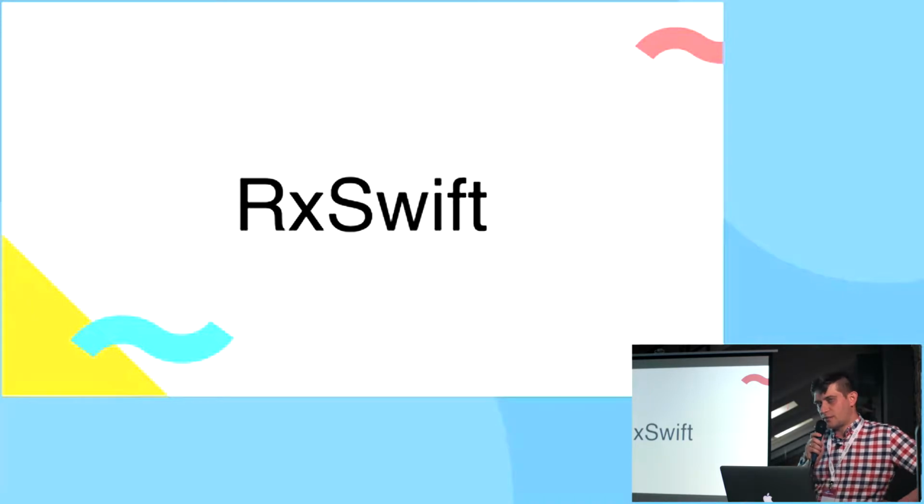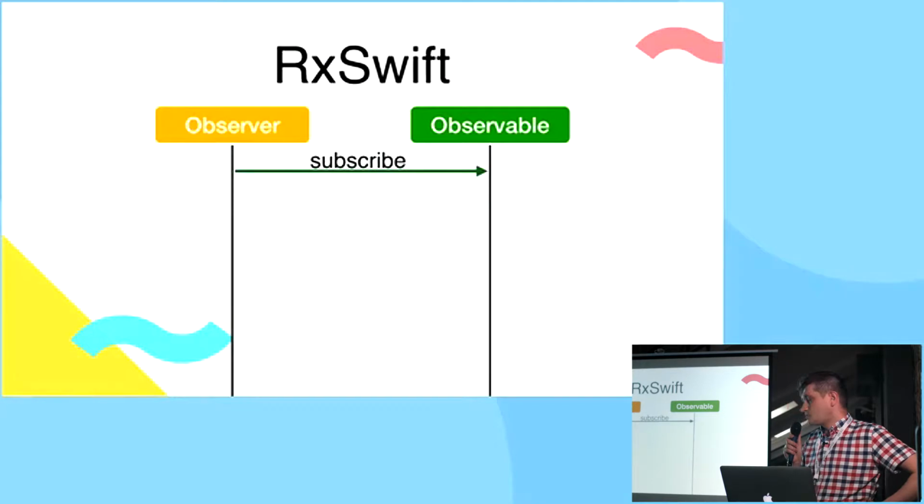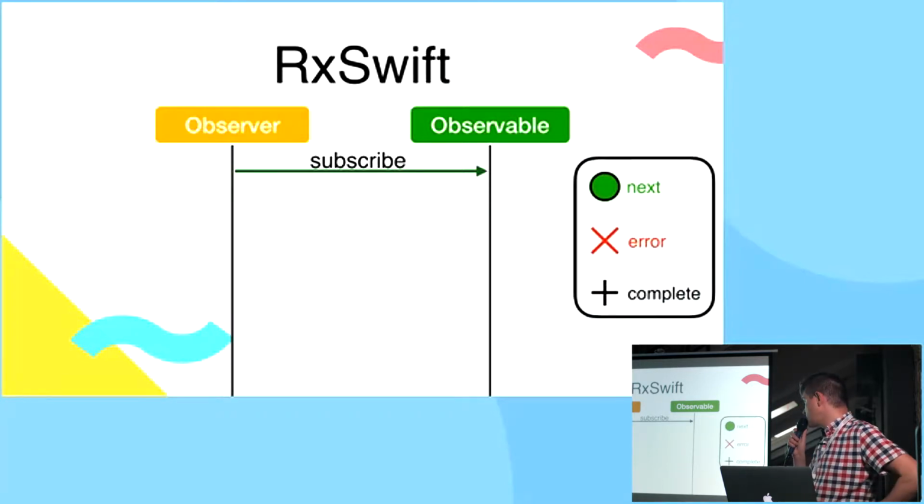It uses the observer pattern, where our actors in data flow can play one of two possible roles, observer or observable. First, an observer subscribes to observable, and since this moment, observable can emit three different event types: next, error, and complete.